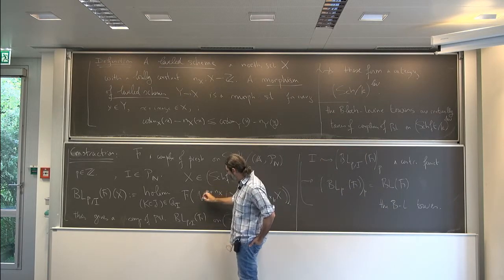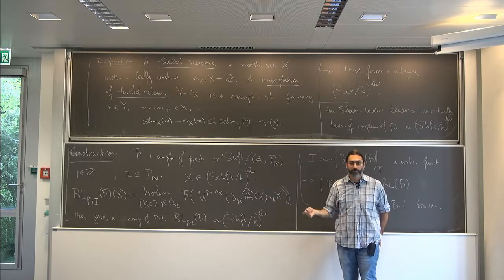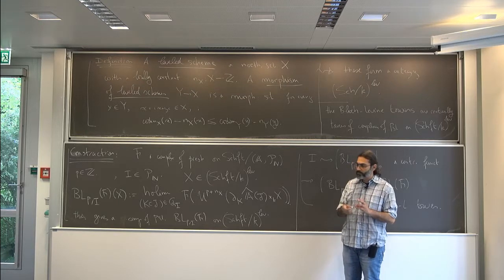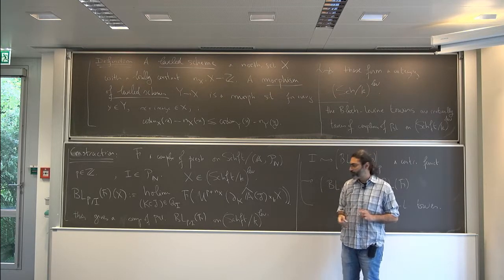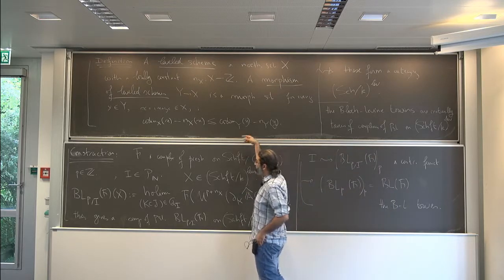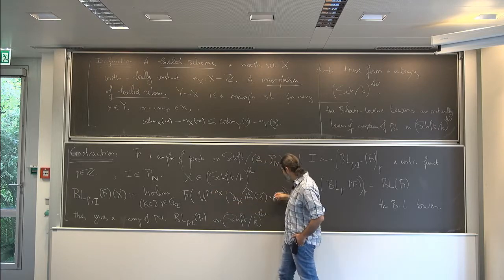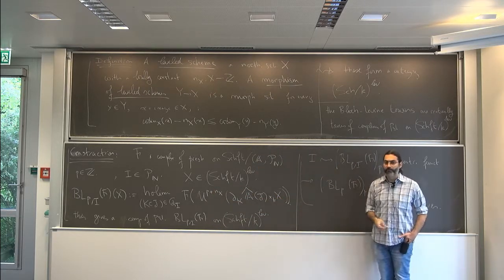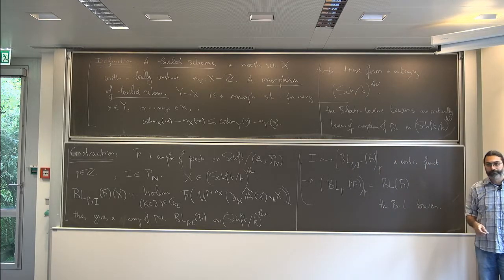If I just put U_p, U_p is not a functor in X. Think about a closed subset in X: U_p of this closed subset will not be in the U_p of X. But if I put a level like this, then it becomes a functor. Now this expression becomes functorial in X, and then it defines a presheaf.